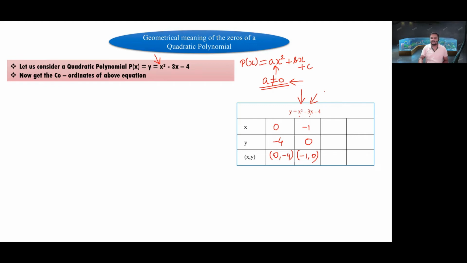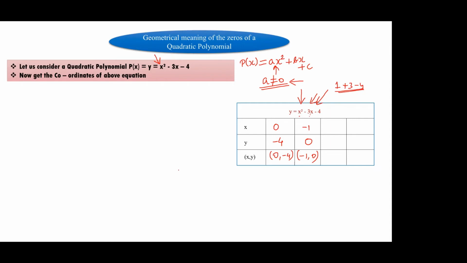Wait a minute. I think so we have done a mistake here. So this is 1 plus 3 and minus 4. No, everything is correct. Okay, next coordinate. Veer, tell me the next coordinate. Okay, Kapil. Sir, -4 in place of x.